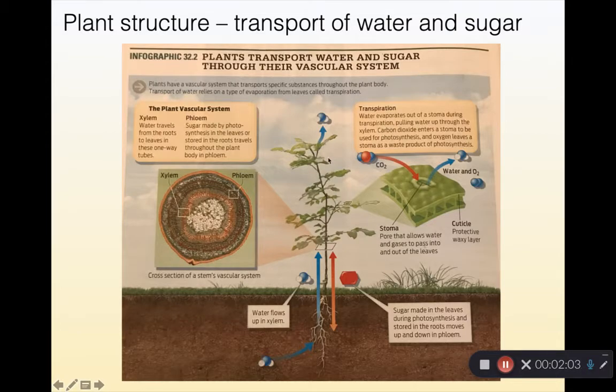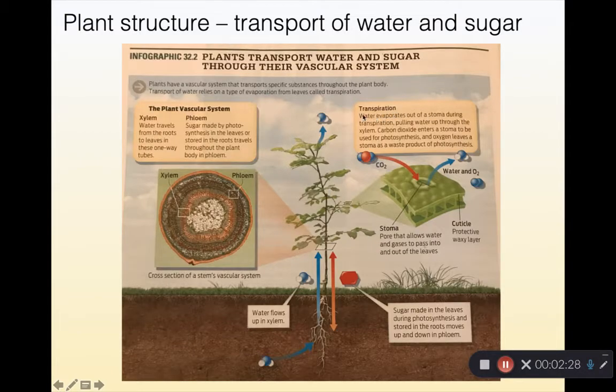So at the very top of the plants, water molecules are going to evaporate off the top of these leaves, and it's going to pull on every single water molecule down the plant, all the way down to the roots. This process of evaporation is essentially pulling water up the xylem.